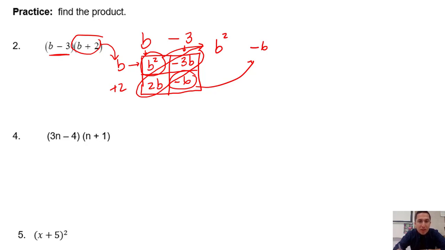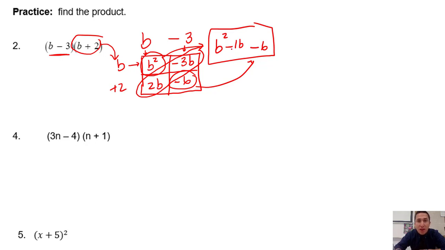This is a -3 and this is a +2 right here. So -3 plus 2 gives me a -1. But don't forget there's a b on those, so put your b there. So even though this looks like a -16, it's not. It's negative. The final answer is b squared minus 1b minus 6. That's our final answer. That's how we do this.